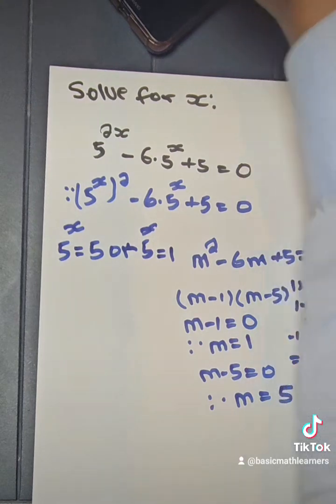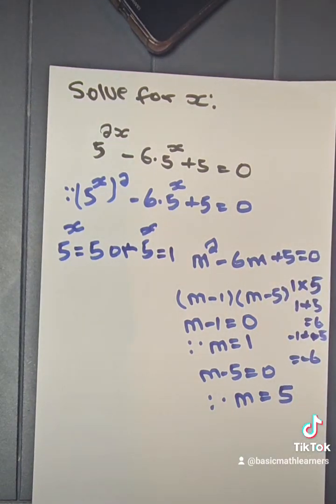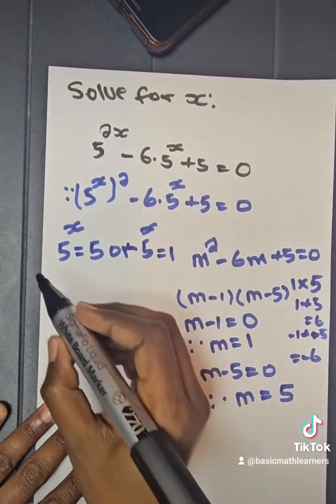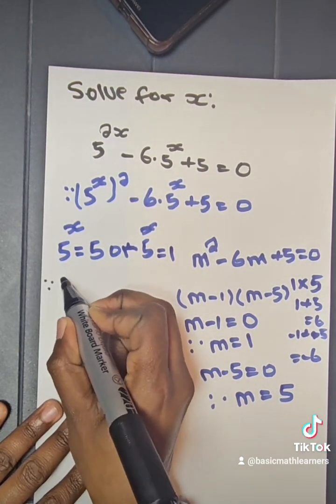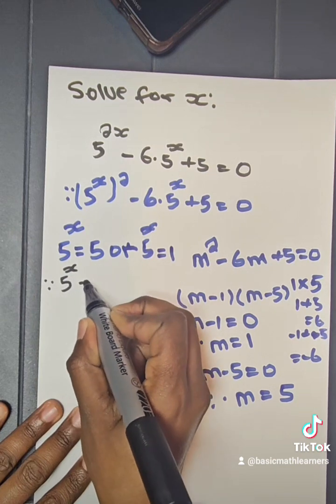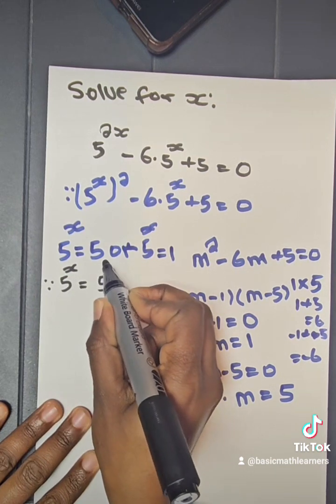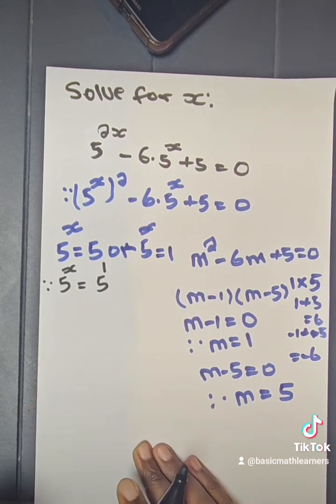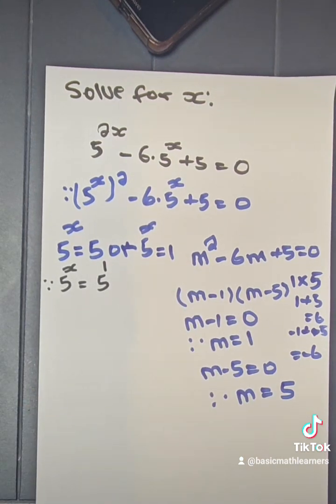Now, let's work it out. In order to solve the exponential equation, remember the rules. We must have power equal to power. We're going to therefore say 5 to the power of x equals 5 to the power of 1, because the 5 has got a power of 1.